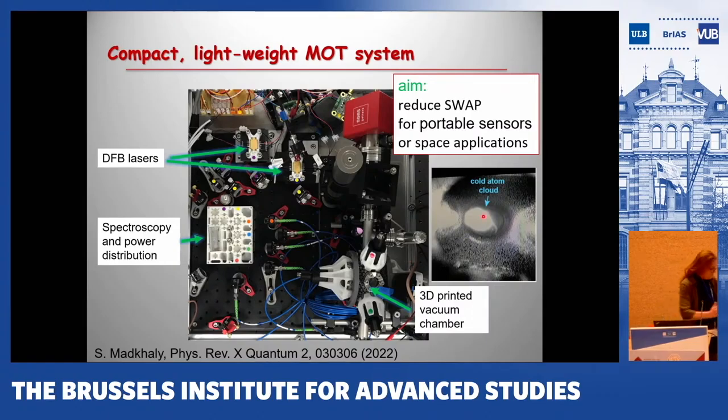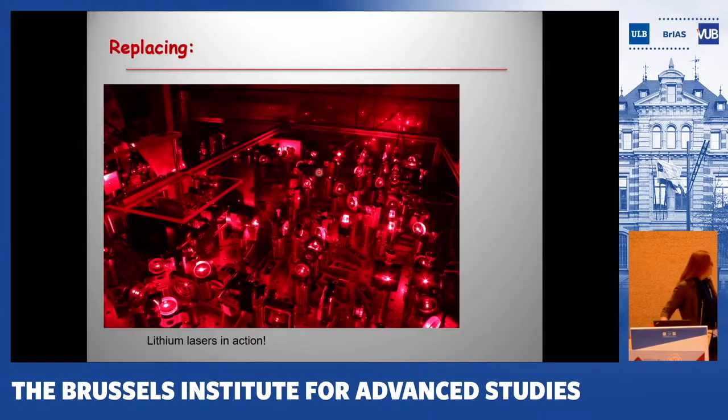And this system is about this big and consists of the world's first 3D printed vacuum chamber, together with a compact laser system and compact DFB lasers. So this is a picture of one of our other labs. This is how cold atom systems normally look.